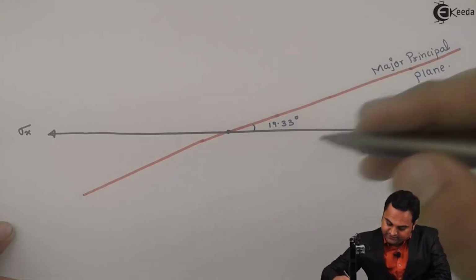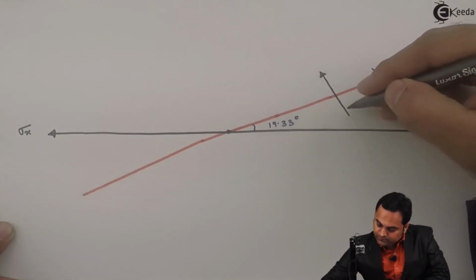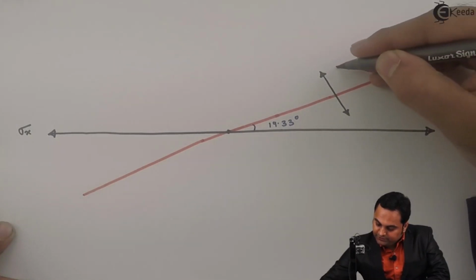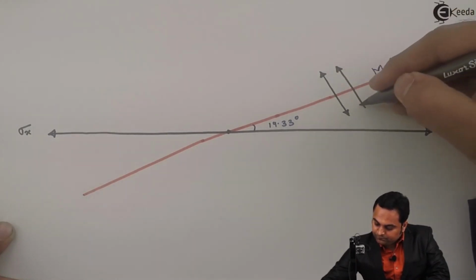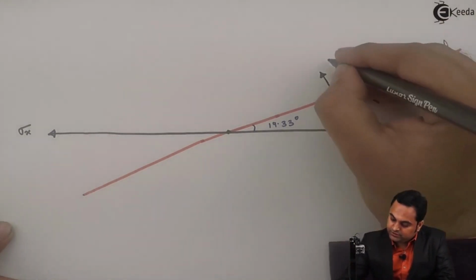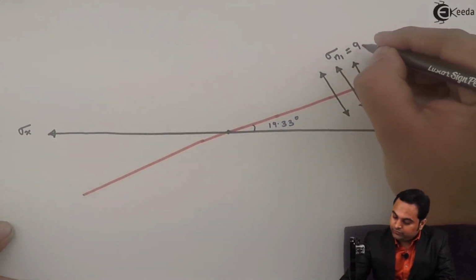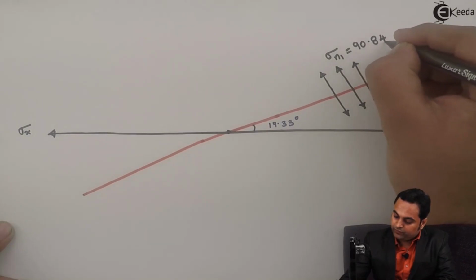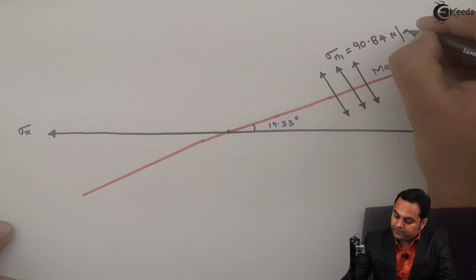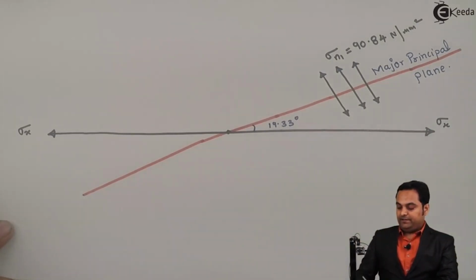I'll denote it as, since it is tensile, so I am denoting it in this order, marking the arrows away, showing tensile stress. So here this plane carries sigma n1 is equal to 90.84 Newton per mm square. This is the major principal stress acting on major principal plane.